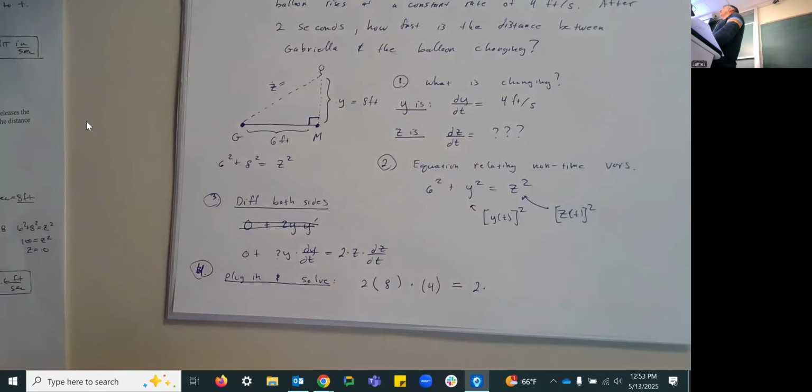Most of the time when people give you these kind of problems with the Pythagorean theorem in them, the numbers work out nicely. Meaning usually your triangle is a multiple of a 3, 4, 5 triangle or a 5, 12, 13 triangle. Those are called Pythagorean triples, where the numbers are nice, perfect integers, and 5 squared plus 12 squared does equal 13 squared, and 3 squared plus 4 squared does equal 5 squared.